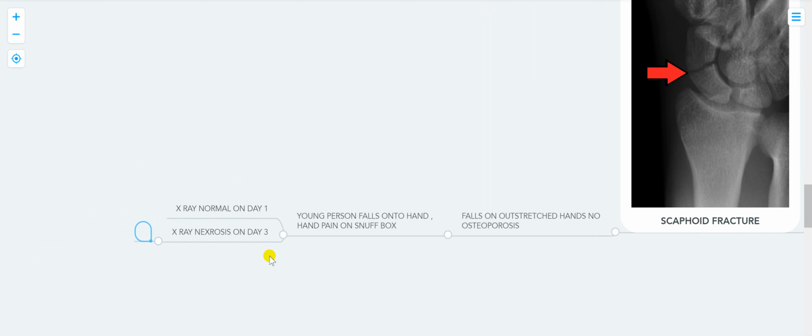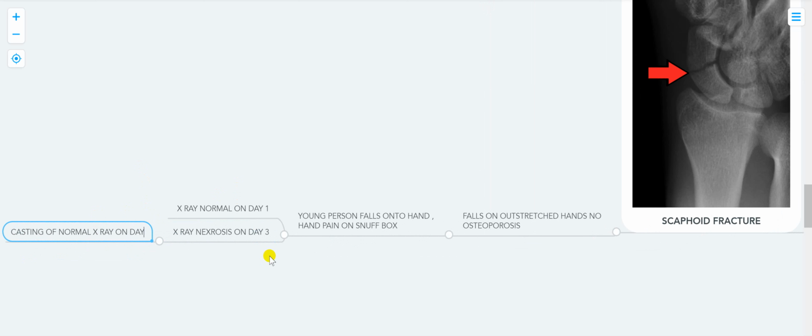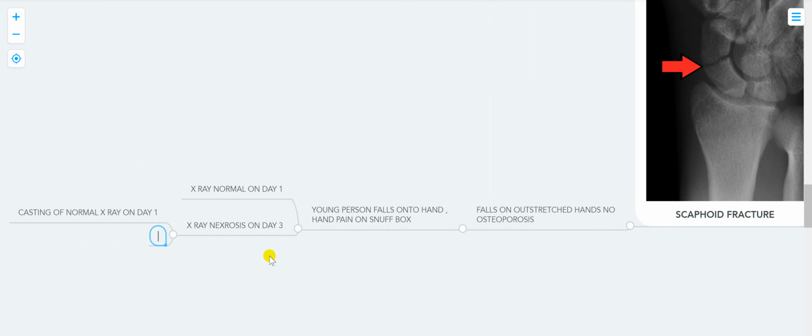You treat it with casting if x-ray is normal on day 1, and you do open reduction internal fixation if there is a fracture on day 1. Simple. What do you follow up with?